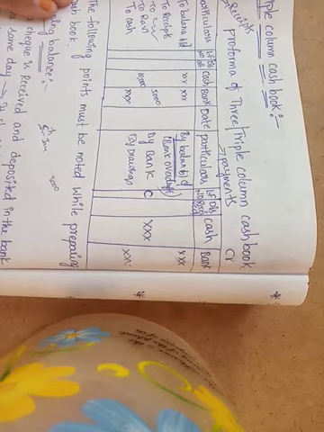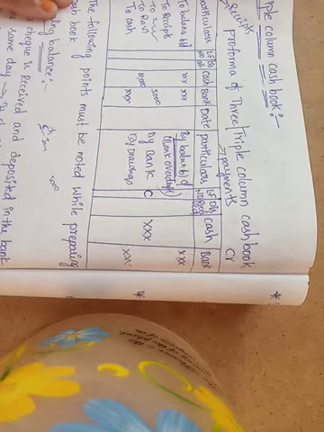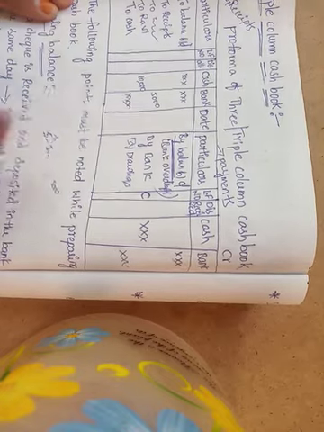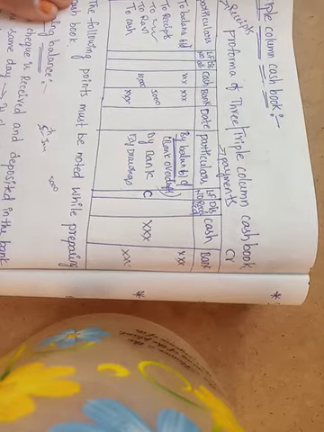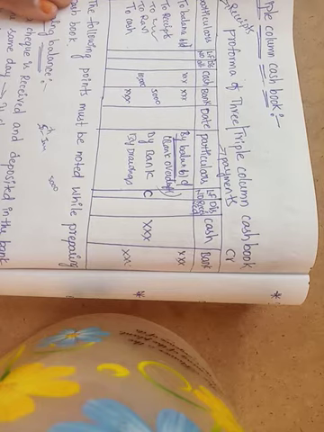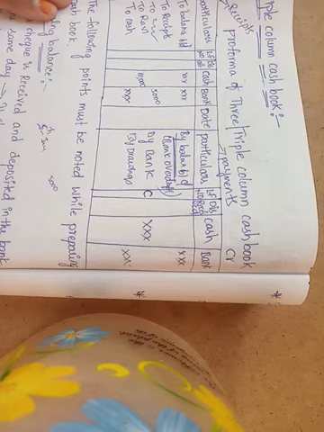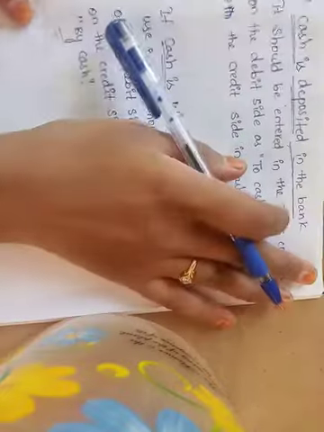Next important term is bank charges. Suppose bank charges are debited by the bank to the business concern, then they are to be entered in the bank column of the cash book on the credit side as bank charges. Write down here.